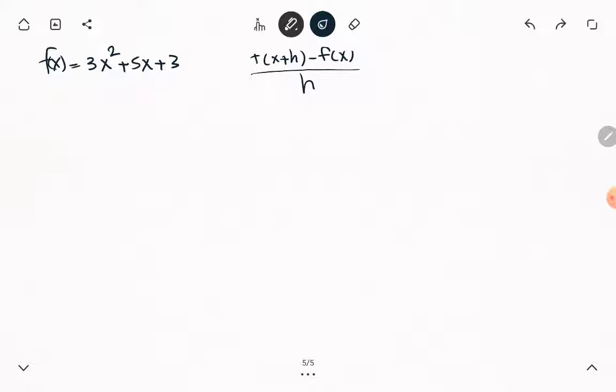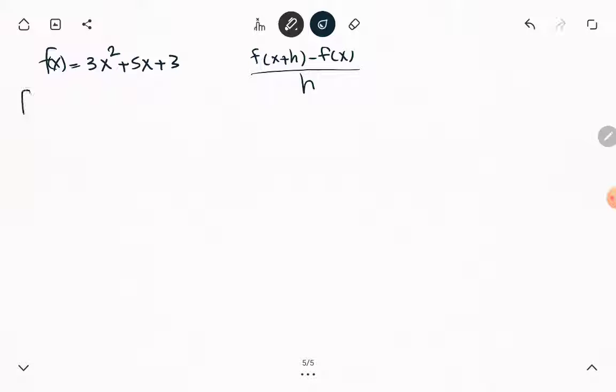Difference quotient now. It's very easy to start working on the difference quotient if you know what you have on hand. So you have f of x here, so you know what f of x is when you're working with the difference quotient. This is the f of x. And if you want to write your f of x plus h somewhere, it is very helpful.